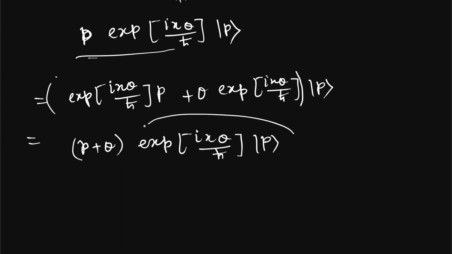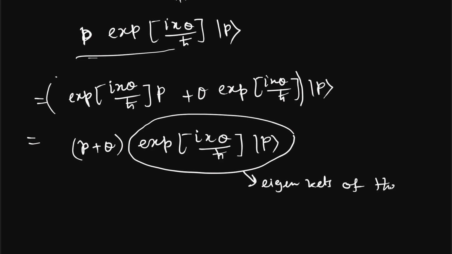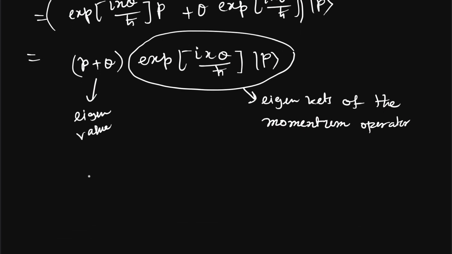So this state is an eigenket of the momentum operator, but the eigenvalue is shifted by the amount θ.